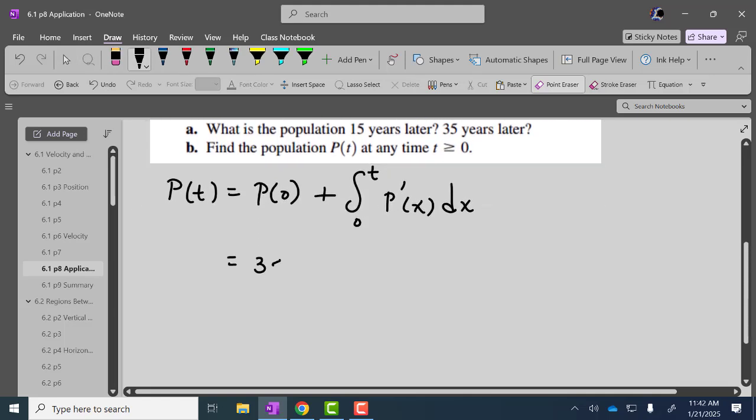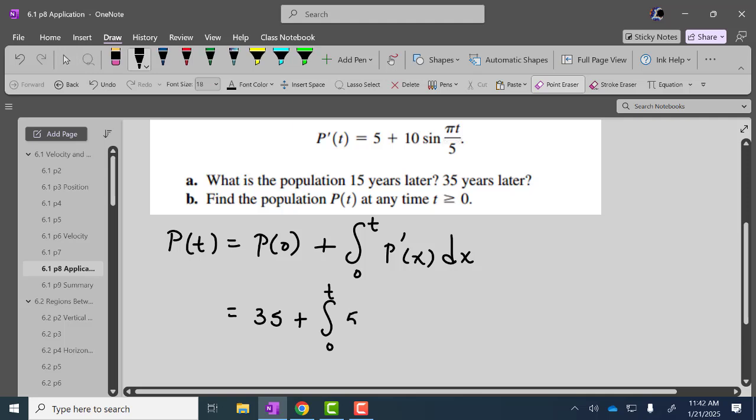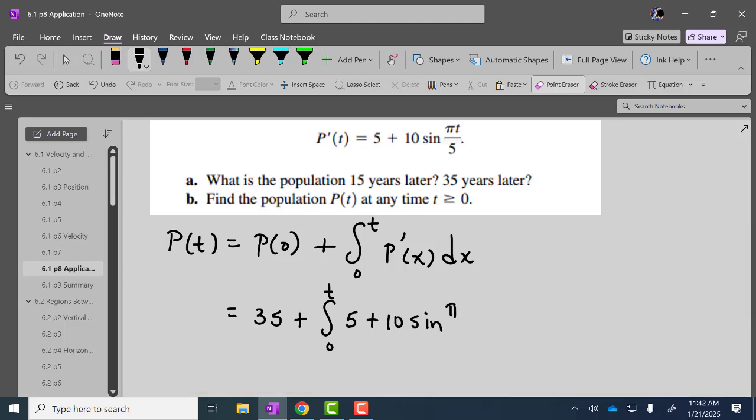This is going to be 35 plus the integral from 0 to t of this derivative function, 5 plus 10 sine. I'm going to be suggestive here and write this linear function like that. And I can't use a t, though. Must use an x.